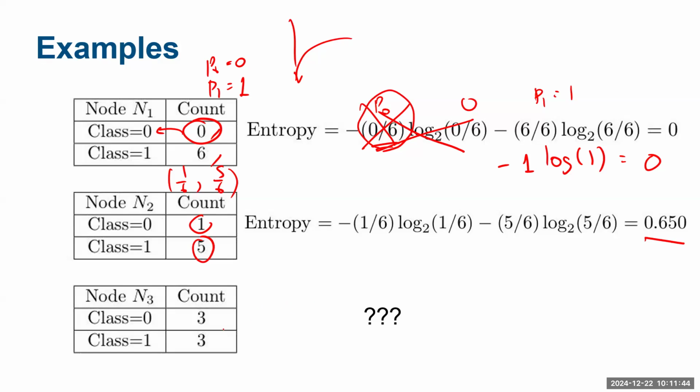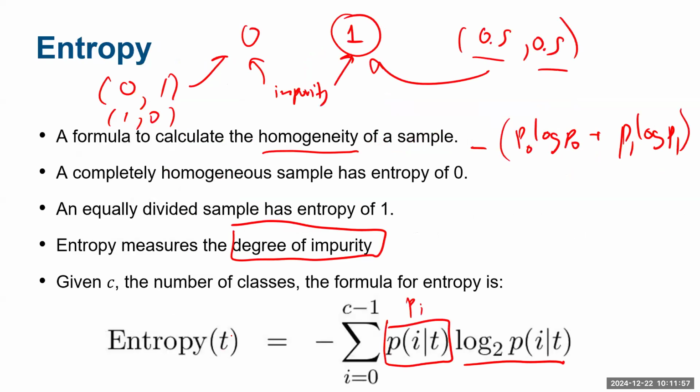What is the entropy of the last one? You have 3 and 3. Our intuition is that if it is an equal split, it should be equal to 1. So let's see if it's actually equal to 1.